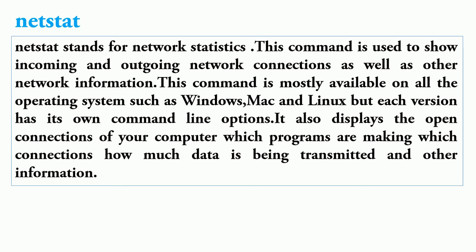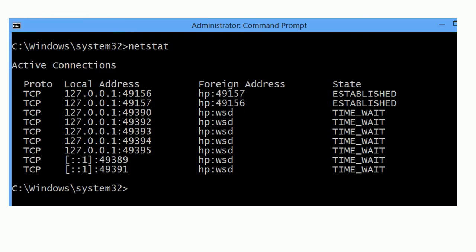It will show you how many connections are connected, how you can transfer data and all other information. For this command you write netstat in the command prompt and it will display all the active connections. See here, it is showing some time wait and a few connections established.